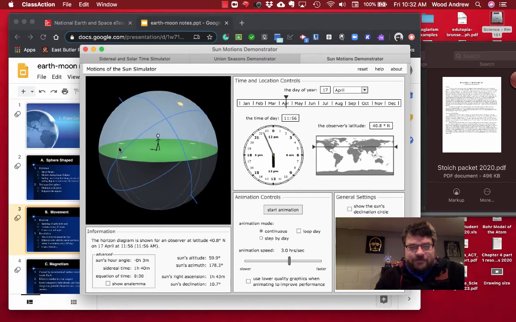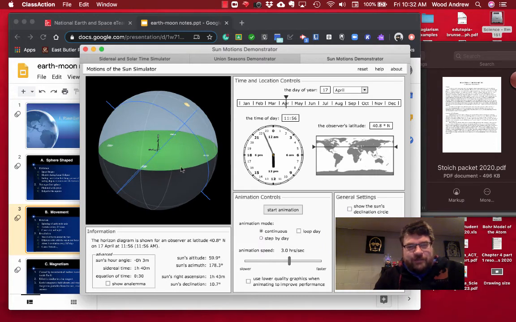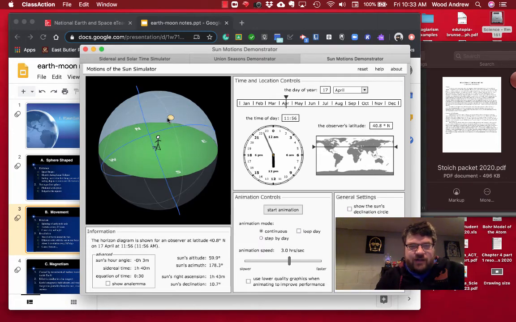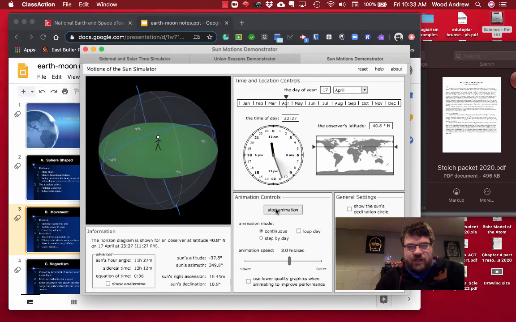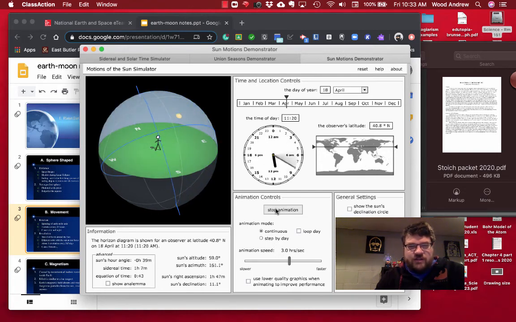We'll call this one, I don't know, we'll call this one Luke. He has a shadow, and depending on where the sun is. Notice we have the sun here, and we can watch as we start the animation, the sun will set, and the shadow position will change, and it will rise. And not much changes about the sun's altitude over the course of a day.